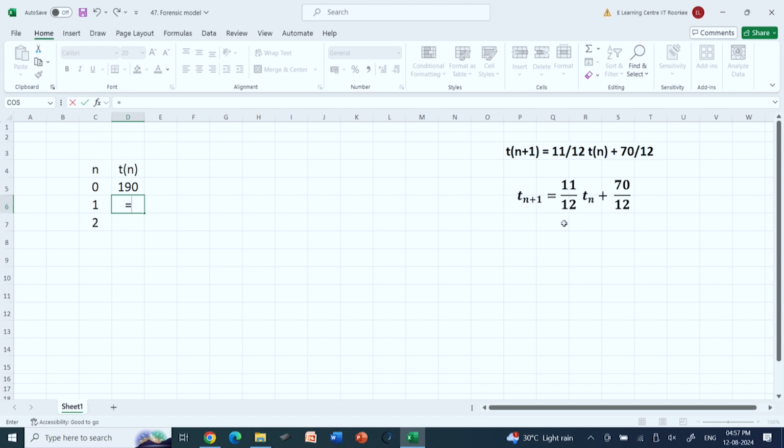11 by 12. So, 11 divided by 12, I put it in a bracket, and this is multiplied by T_0, 190, plus 70 divided by 12.